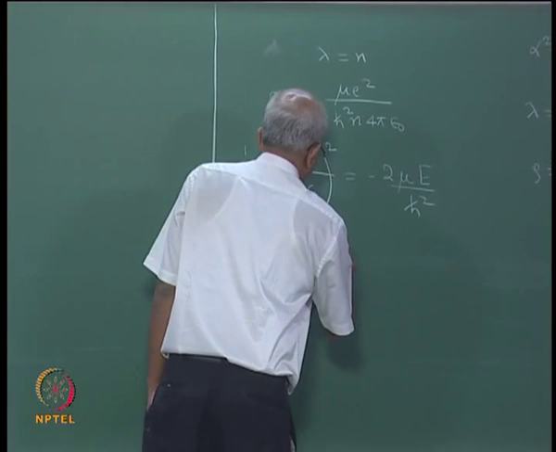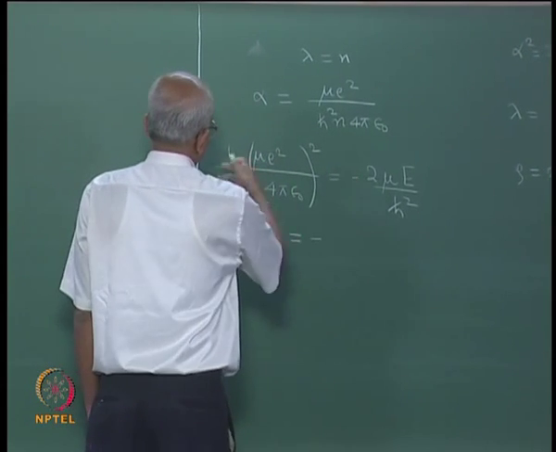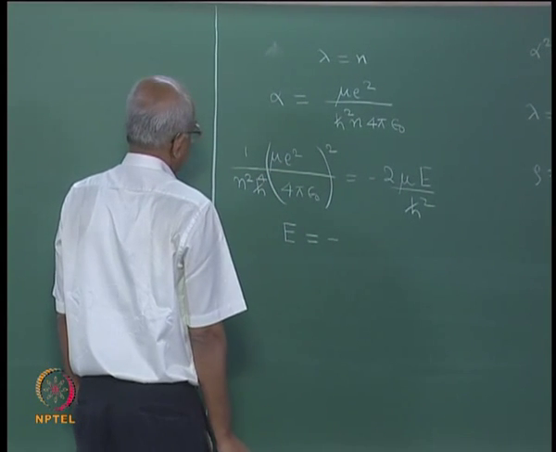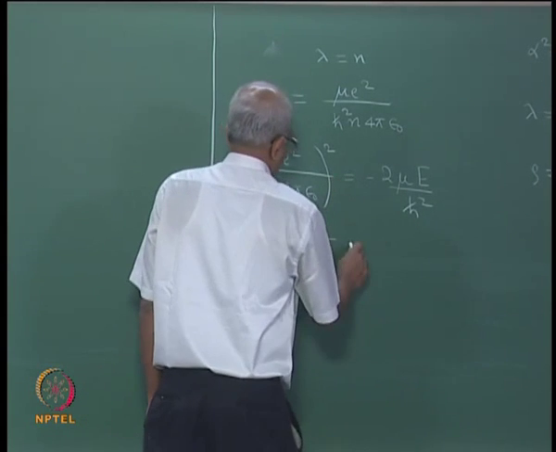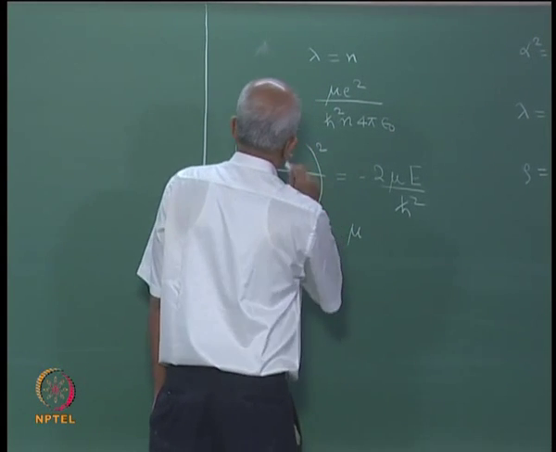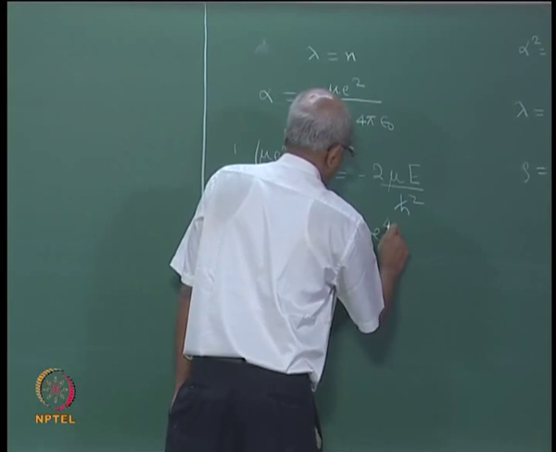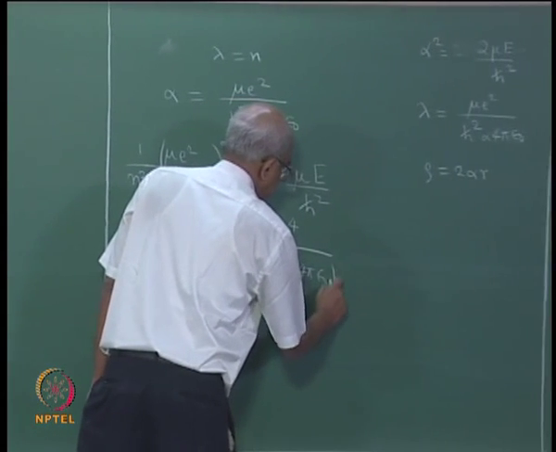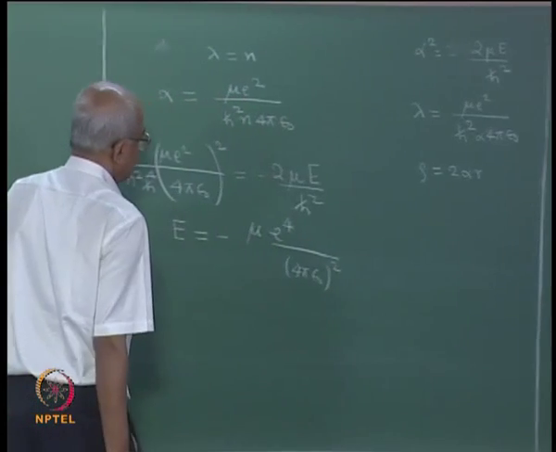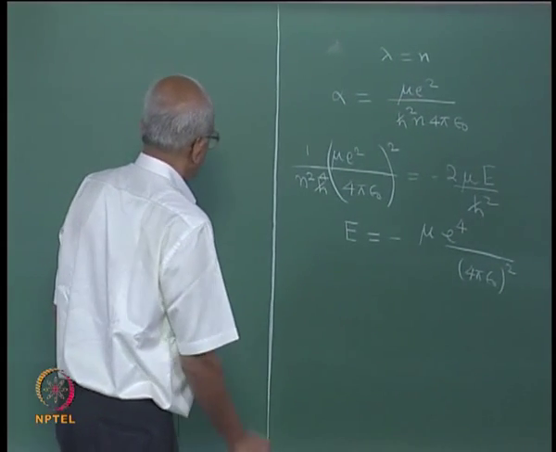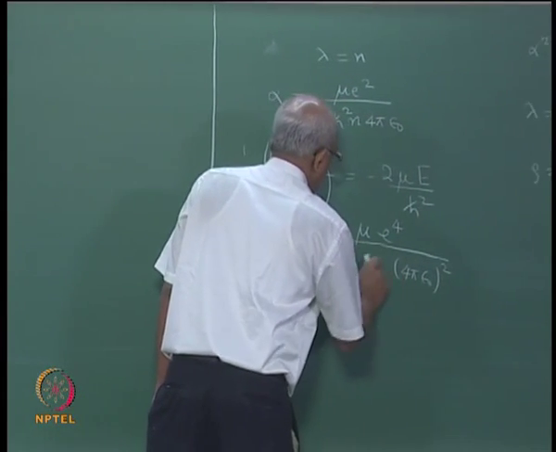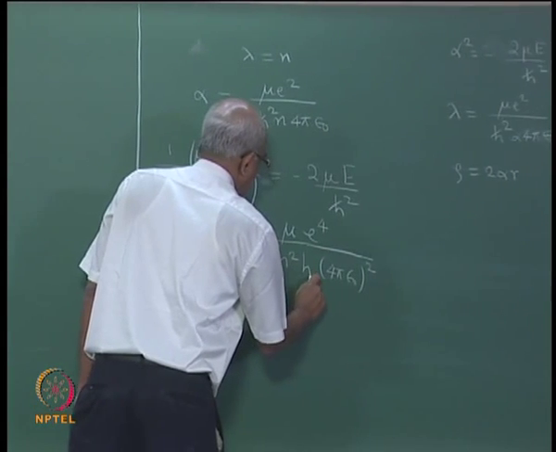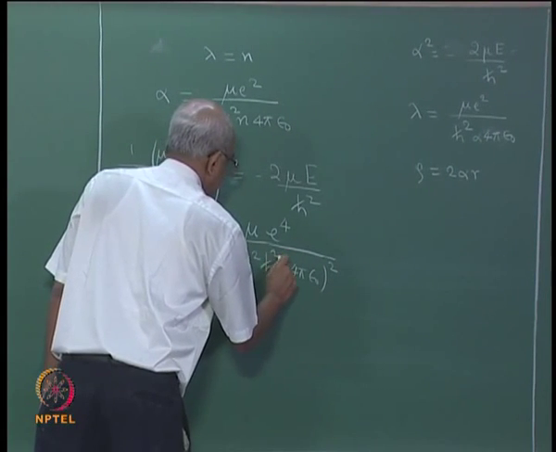You will find that E is actually negative, because I take the negative sign to the other side. Then you find that it is equal to mu e to the power of 4 divided by 4 pi epsilon 0 square n square h cross square.